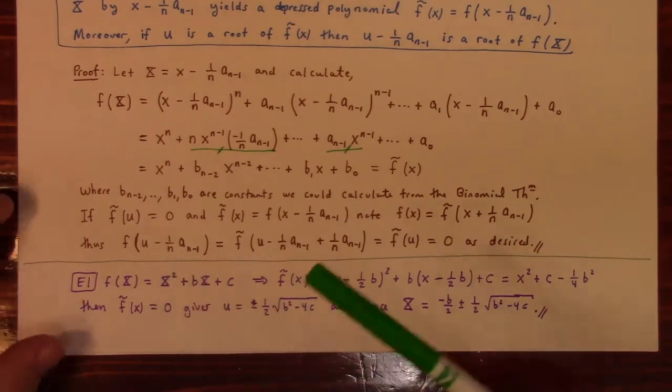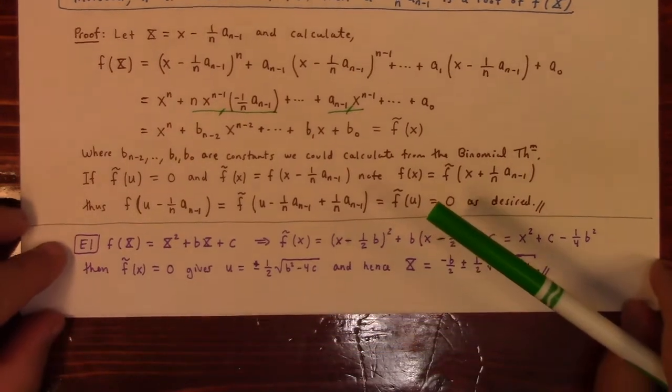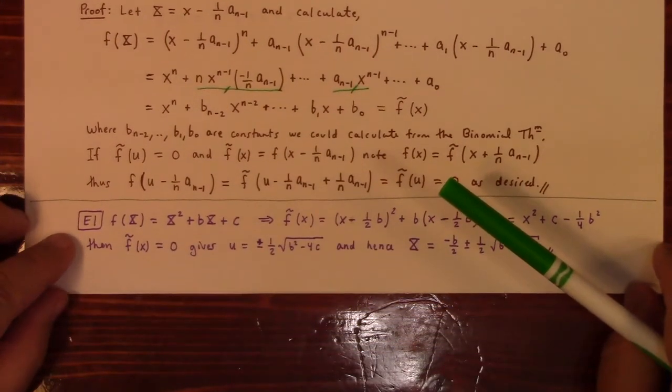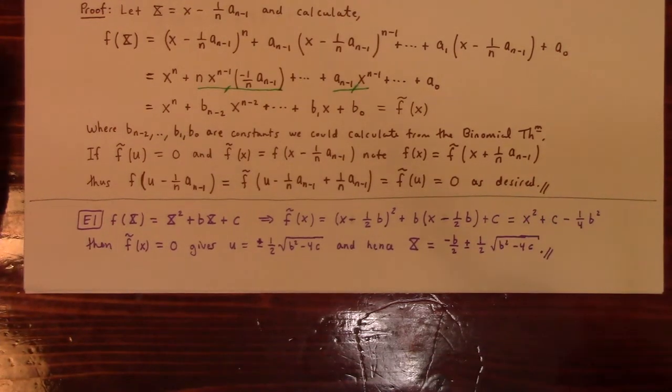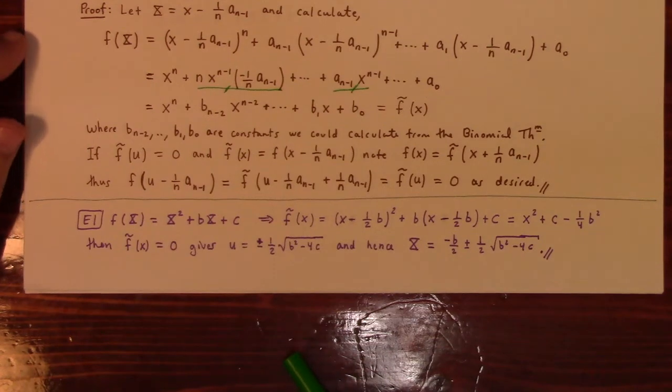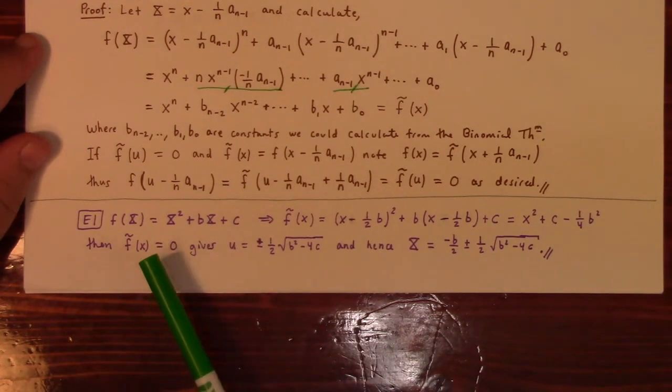So here's the application of this general lemma to the n equals 2 case, all right? Which of course we've already solved with completing the square, right? But this is a slightly different, kind of a tricky technique. It's like completing the square except using a substitution is how I would describe it.